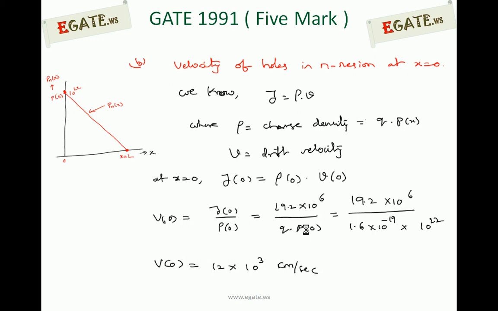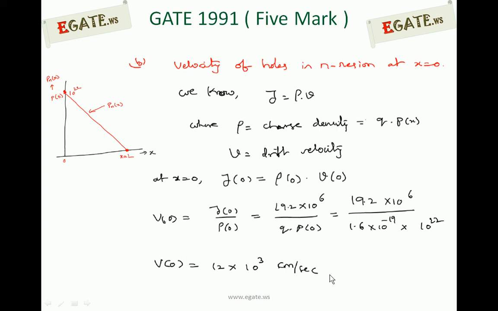J of 0, the current density, is already calculated as 19.2 into 10 power 6, divided by rho of 0, the charge density, that is q into p of 0. q is 1.6 into 10 power minus 19, and p of 0 is 10 power 22. So the velocity of holes in the N region at x equal to 0 is 12 into 10 power 3 centimeter per second.